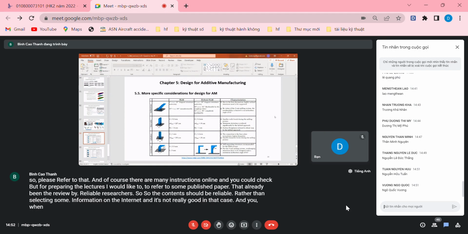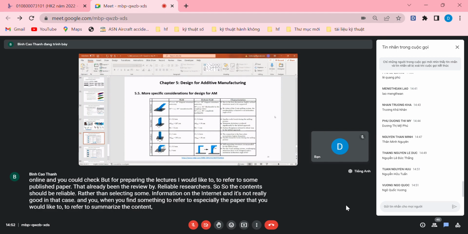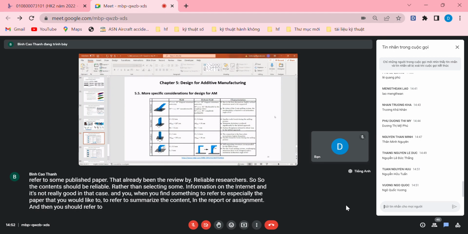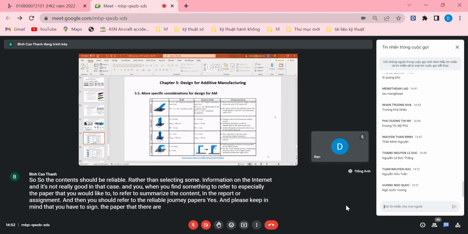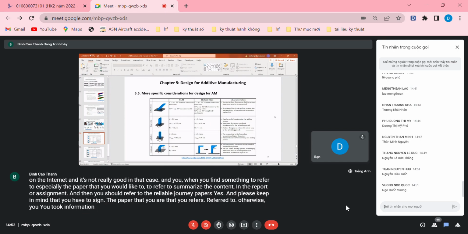And when you find something to refer to, especially a paper, summarize the content in your report or assignment, and you should refer to reliable journal papers. Please keep in mind that you have to cite the paper that you refer to. Otherwise, you took information from the paper, and it may be considered plagiarism.